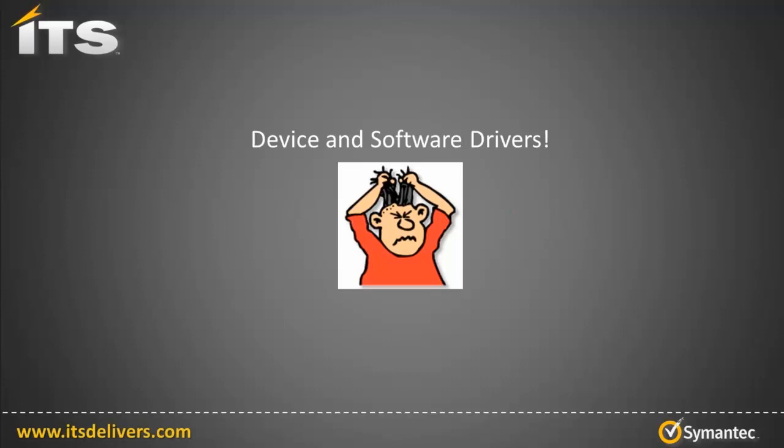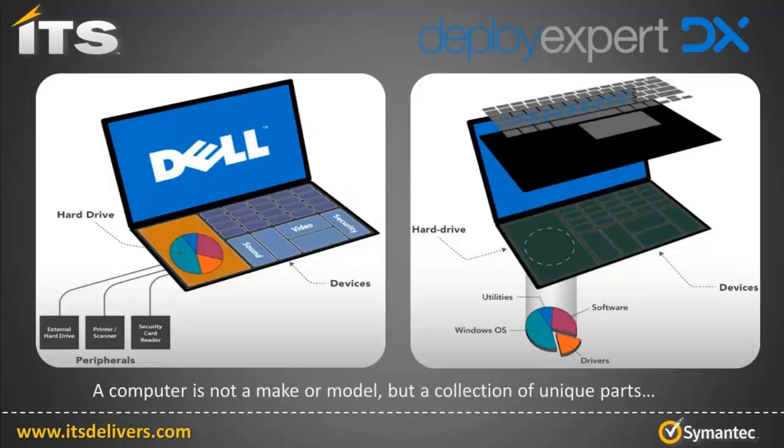And so as an example, a computer is not necessarily a specific make or a specific model. So you have your Dell or your IBM or your HP-based device, and you may order in bulk from those vendors any number of systems, and they're all exactly the same kind of device. Let's say a Dell Latitude E6500, for example.